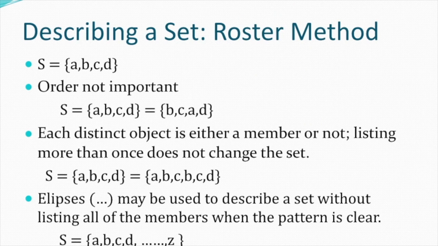Now, in the set, each distinct object is either a member or not. So you always have a list of all the members in the set, and you denote them by this notation. You sometimes use the ellipsis instead, so you list the members when the pattern is clear.